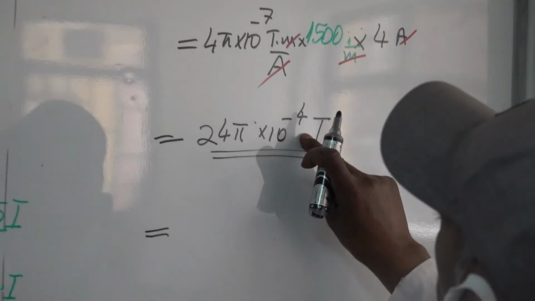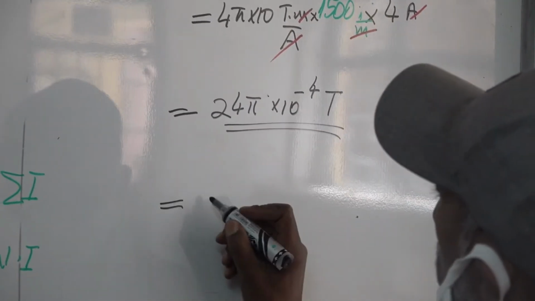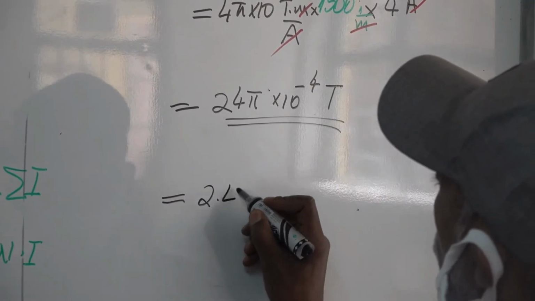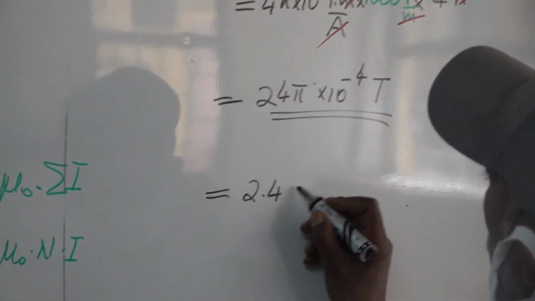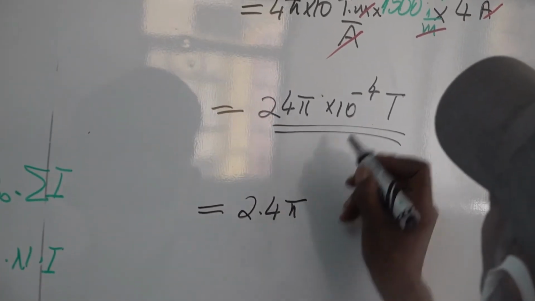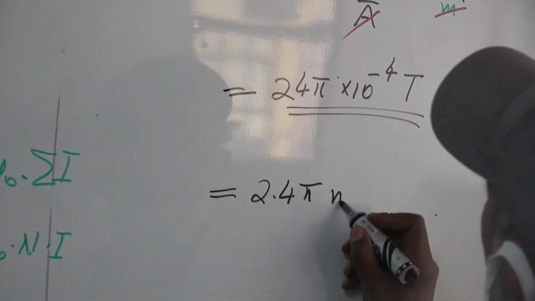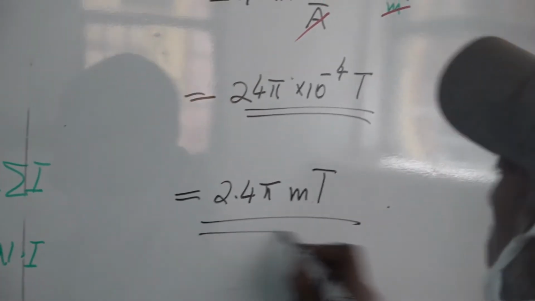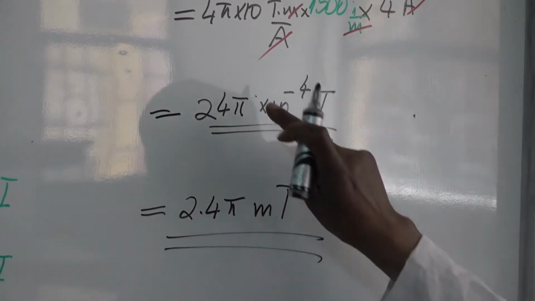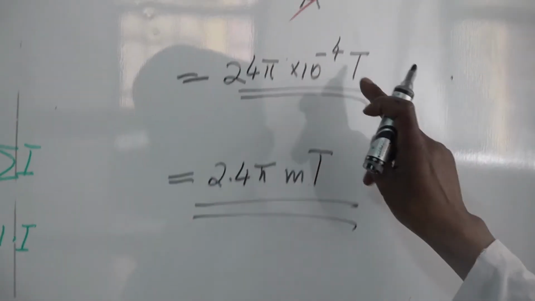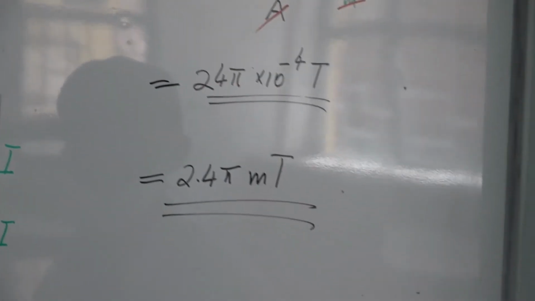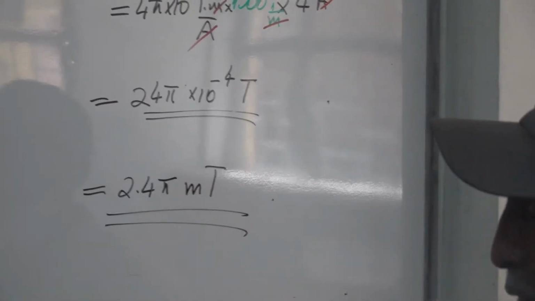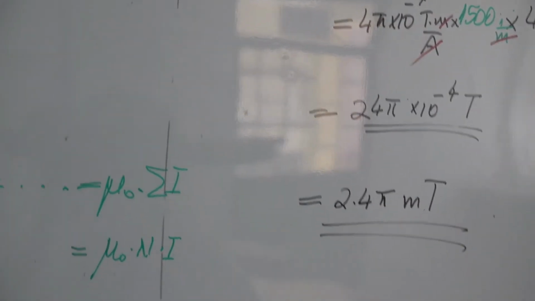Otherwise, for example, if I take 10 to the power of minus 1 from here, you get 2.4 pi times 10 to the power of minus 3. That becomes millitesla. This is a better expression. This is not a wrong answer, but it's neither prefix nor scientific notation. It's just a mixture of different things. Otherwise, you look at the choices and you answer your questions like that.